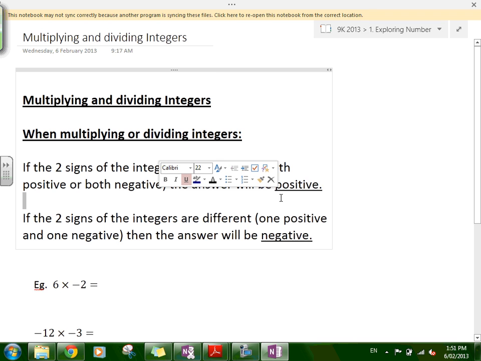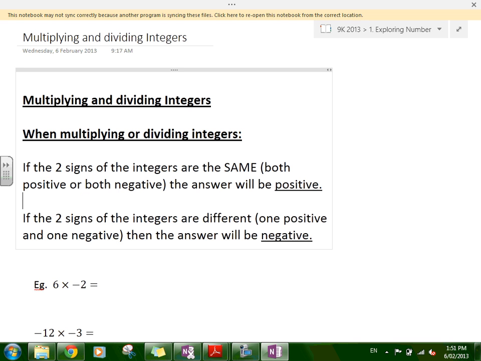Because, in a sense, the negatives cancel each other out. The only time you're going to get a negative answer when you're multiplying two numbers is when you have a positive and a negative number multiplied together. And then you always get a negative. That's the way that we need to think about it.